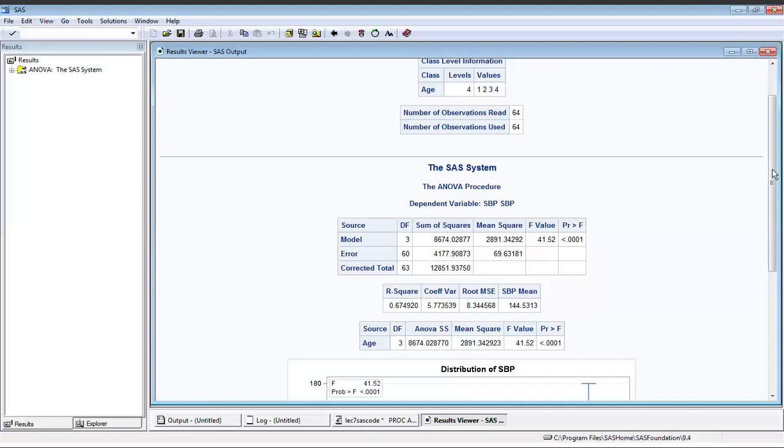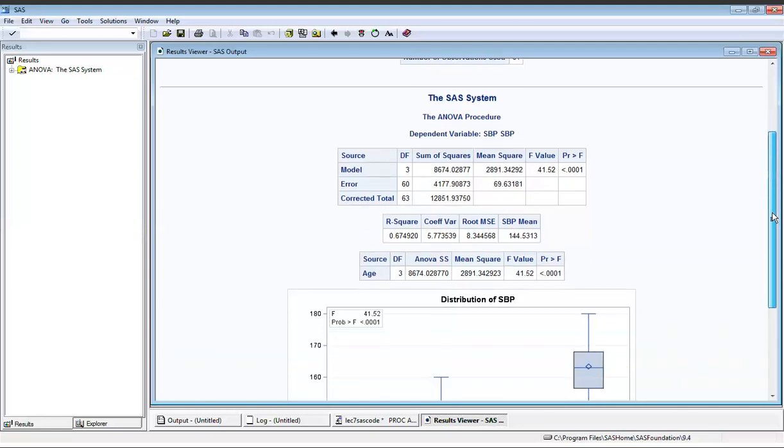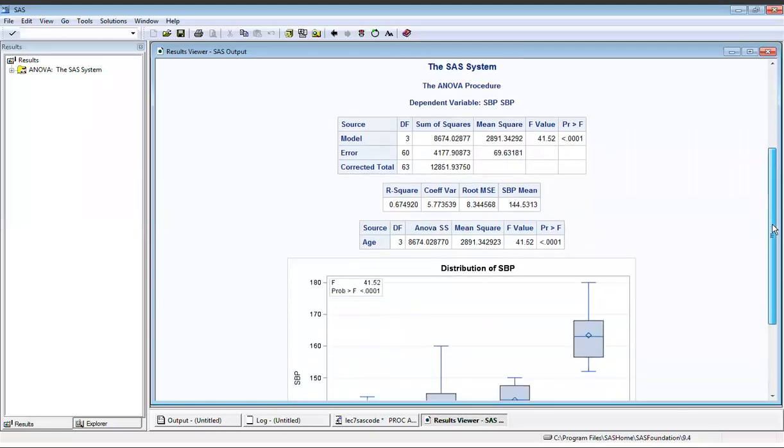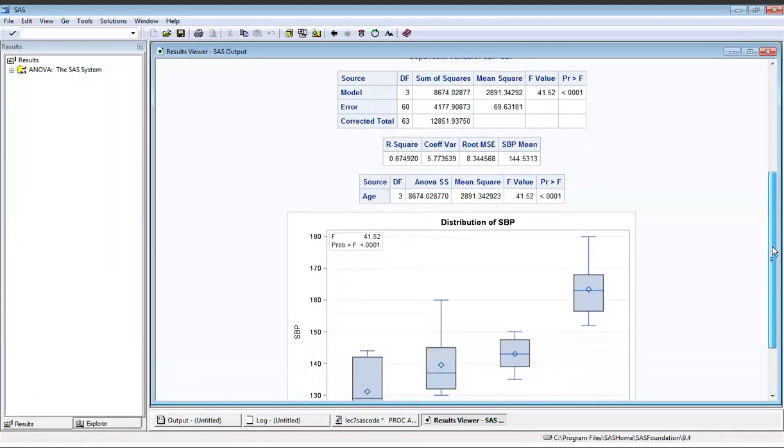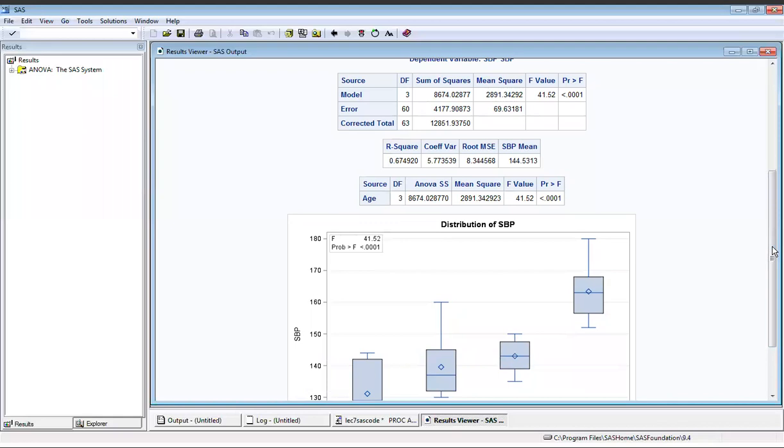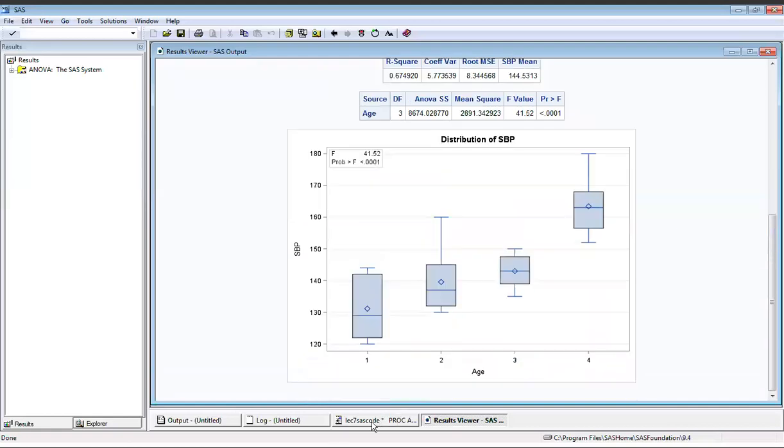All right, and then we claim age is a significant effect for the mean SBP, in the sense that there is not a simultaneous equal mean across the 4 age groups. So that's the conclusion for this one-way ANOVA.